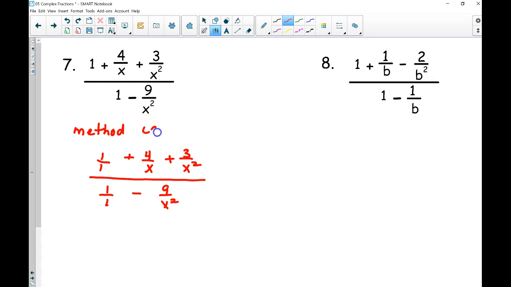Now, this is the LCD method, and what you do with this method is you find the LCD of all terms, so of all 5 terms. In this case, the LCD of all 5 terms would be x squared. And now we're going to multiply, making sure we're multiplying all of the terms just by x squared.